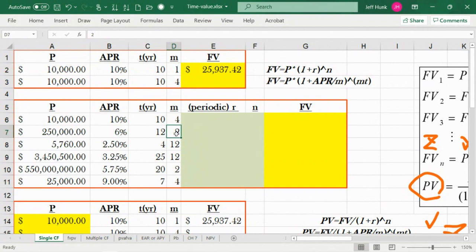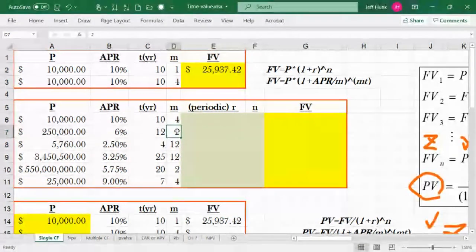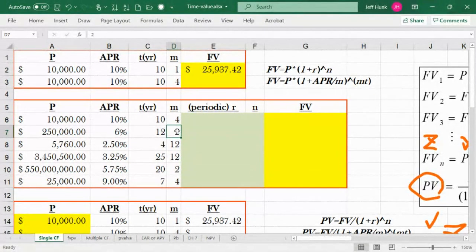But if it is semi-annual, some students think M is 6, for every 6 months. No. Think about it, that's ridiculous. If M is 6, that means compounding happens every 2 months, isn't that right?